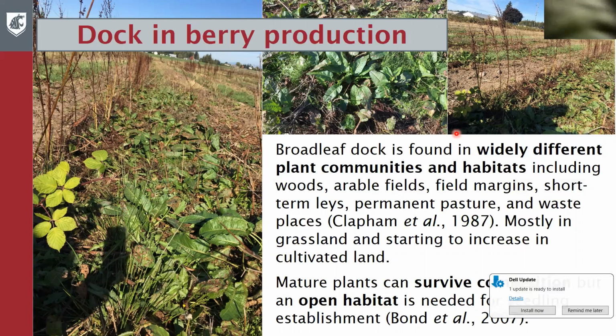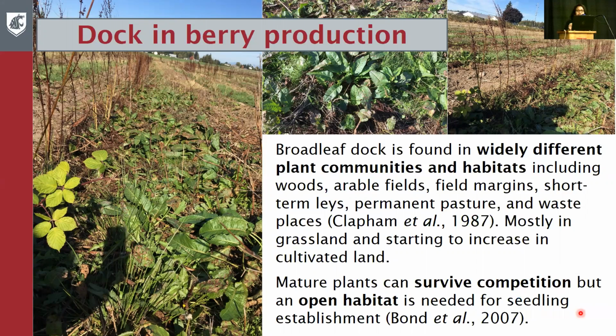If we look around us here in Western Washington, it is easier for us to find it in more open areas, because this plant is really good at competing. During the seedling stage, it is really difficult for them to compete, but when mature, they survive competition well.